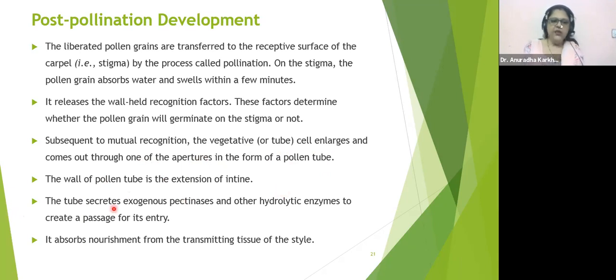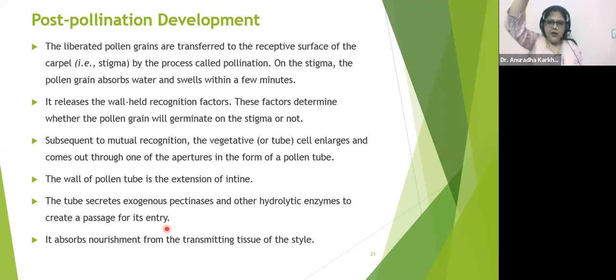Correct? The tube secretes exogenous pectinases. You already know that the intine is made up of pectin. So the tube secretes exogenous, meaning outside, outside the tube, pectinases and other hydrolytic enzymes to create a passage for its entry. Where will it enter, beta?